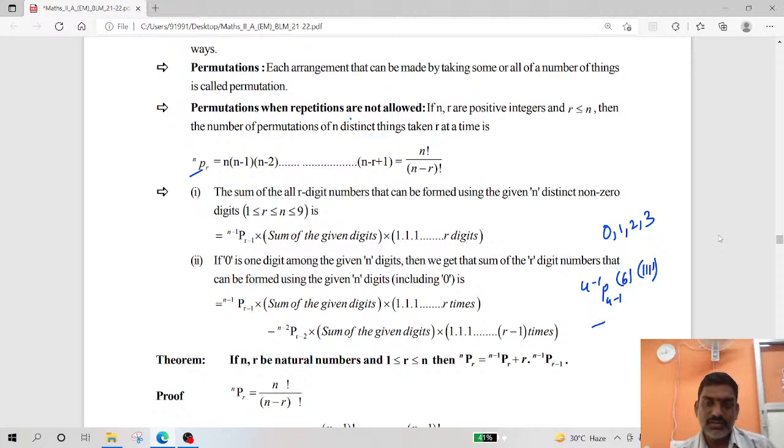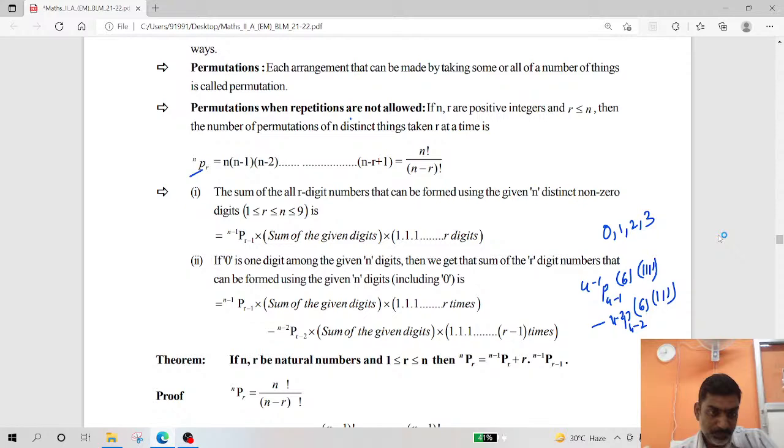Next, from this we have to subtract the 3 digit numbers, because if 0 is in the first place, then only 3 digit numbers will form, but here we need only the sum of 4 digit numbers. That is the reason we subtract (4 minus 2)P(4 minus 2) times the sum of the given digits, 6, times 111, because they are 3 digit numbers. That is what they are explaining here.